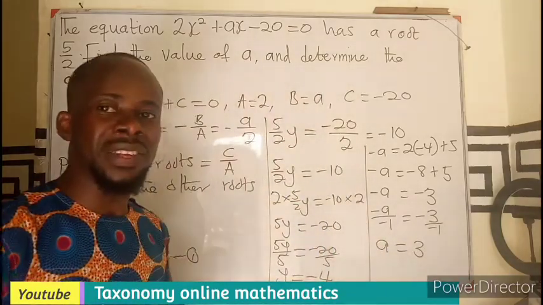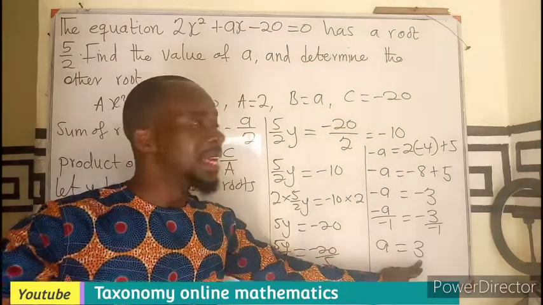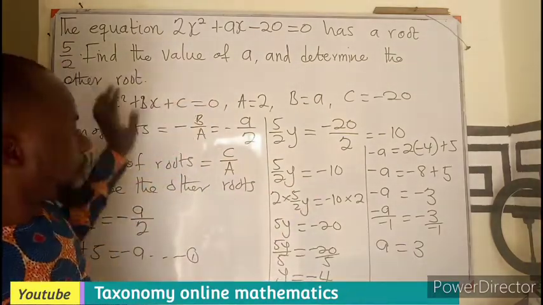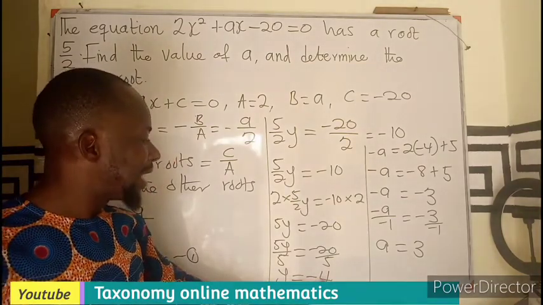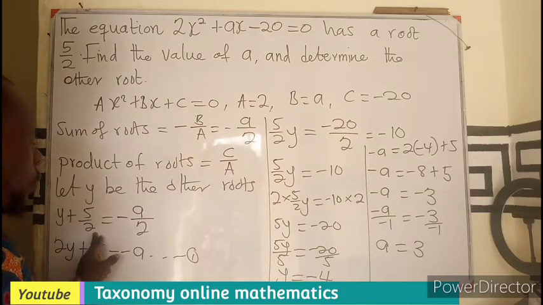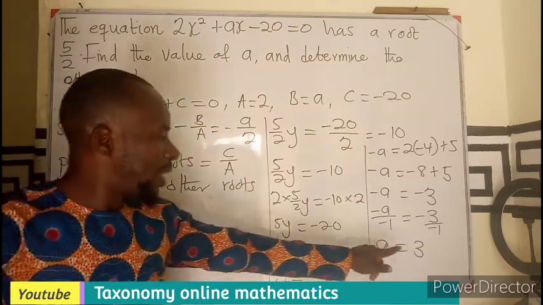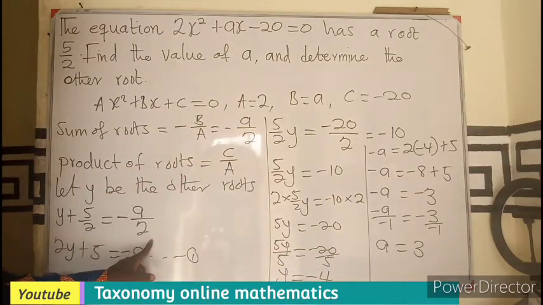So in this case, the value of a is just 3. Then the other root is just minus 4. So if you add this to our 5 over 2, you should be getting this, which is the a, which is now 3 over 2. If you add, you should get minus 3 over 2.